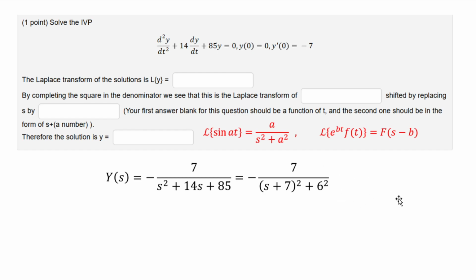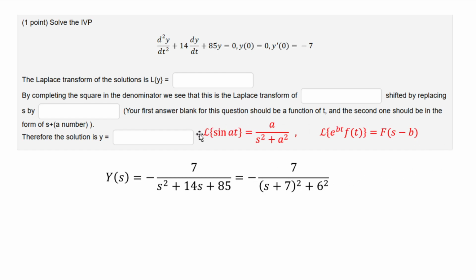If it's detailed enough, you can immediately find out what the y of t should be from here. But this question is assuming that you don't have a detailed one and you just have these two formulas, and you have to combine these two formulas from the Laplace table to figure out what's the y(t) that gives you this as the Laplace transform.